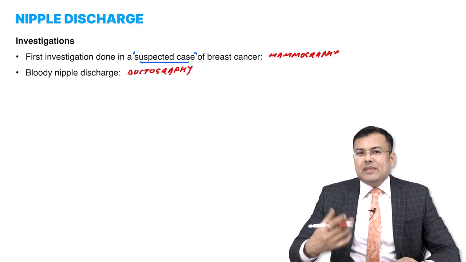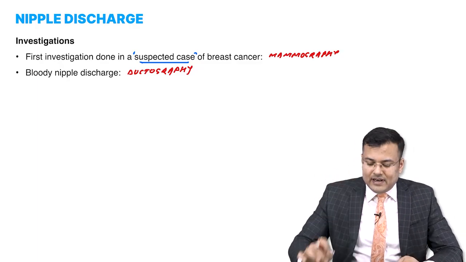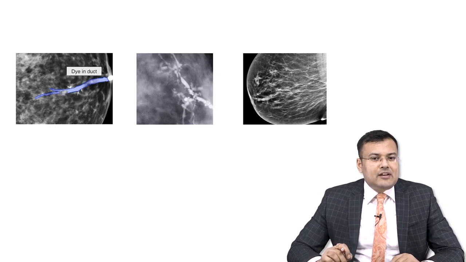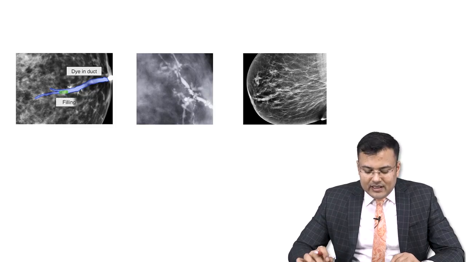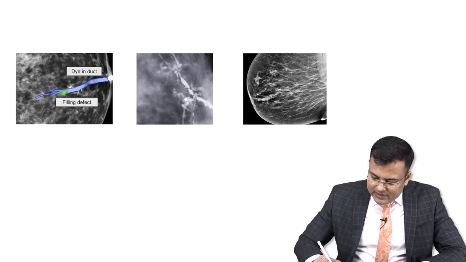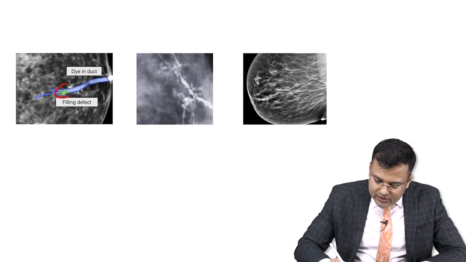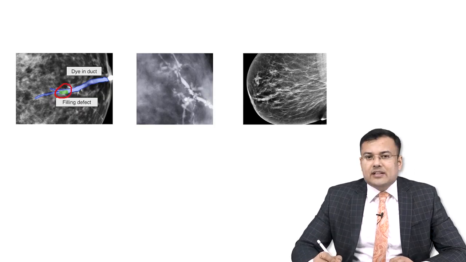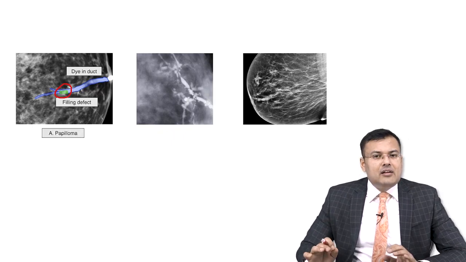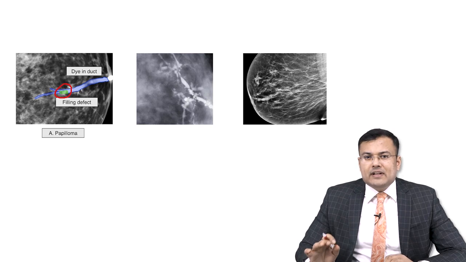In exam, they ask the findings of ductography. See the findings. Suppose you are performing the ductography and you find this kind of filling defect. Can you see here? There is a single smooth intraluminal filling defect. It is seen in duct papilloma.